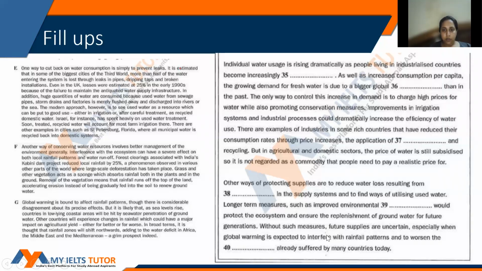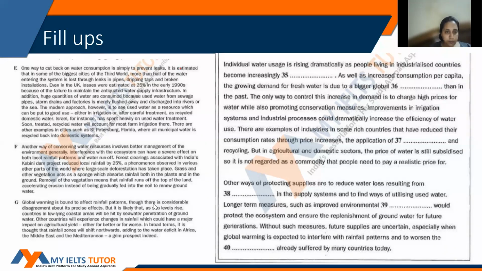Without such measures, future supplies are uncertain, especially when global warming is expected to interfere with rainfall pattern and to worsen the deficit already suffered by many countries today.